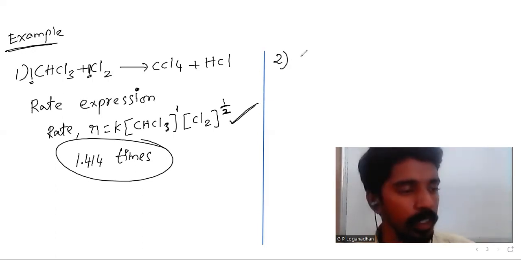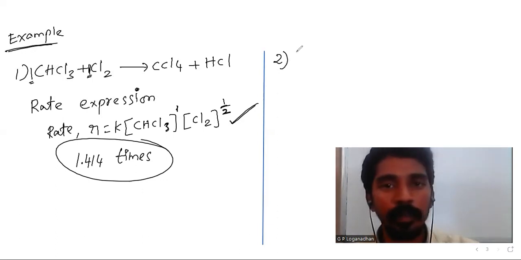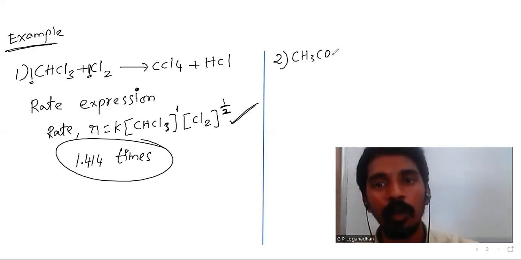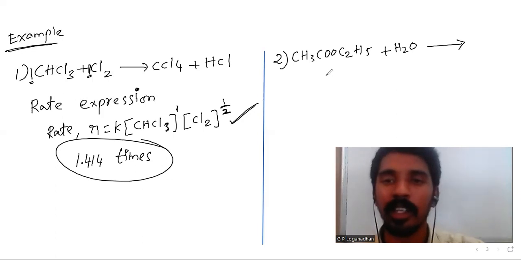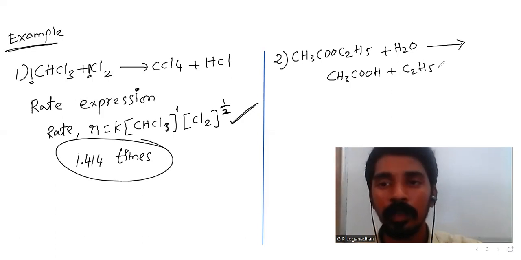The second one, CH3COOC2H5 plus H2O gives rise to, which is also known as ester hydrolysis, the products CH3COOH plus C2H5OH.